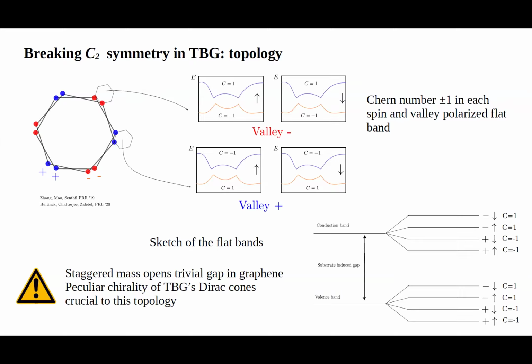In the Haldane model, if you just add a staggered mass, you don't get a Chern insulator or topological insulator. But here you do, and this is really because this chirality is the same on all corners of the mini-Brillouin zone. This is really what allows it. If you want a maybe simplified way of thinking about it, you're adding up the chiralities. Either they're the same, and then you can go to something non-trivial, or they're opposite, and then the net is 0.